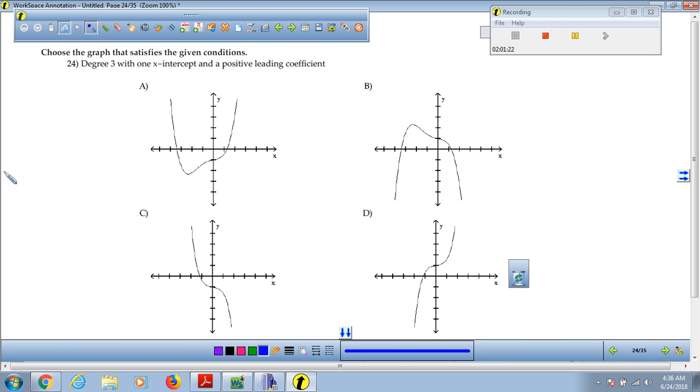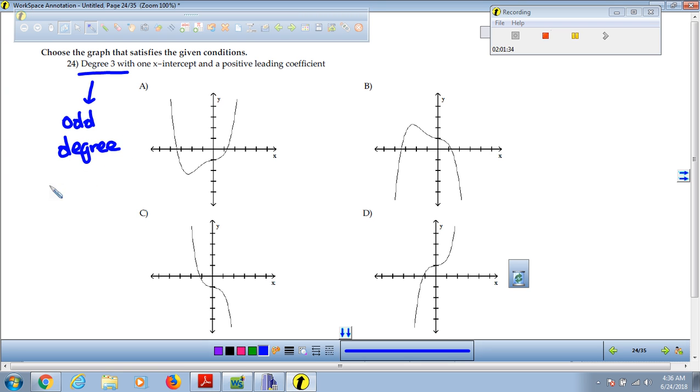So degree 3 means that, why are they telling me the degree is 3? Because when the degree is an odd degree, remember that the endpoints are gonna be going in opposite directions.